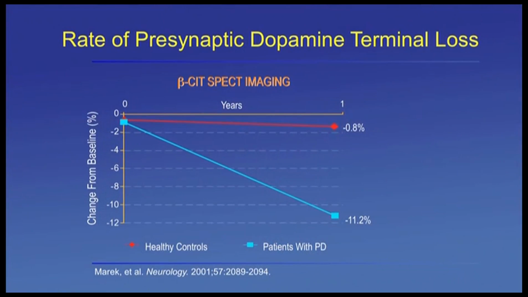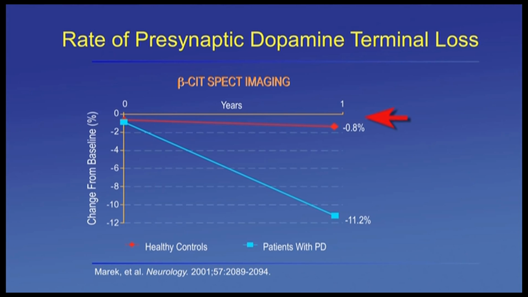Now, we talked about the fact that there is dopaminergic terminal loss because the substantia nigra has cells that are dysfunctional or die, and they have their axons up into the area of the putamen. This graph shows, with the vertical showing change from baseline, the high part is where the cells are normal, and with time, 1 year, we have with the red line, this is what happens to normal people.